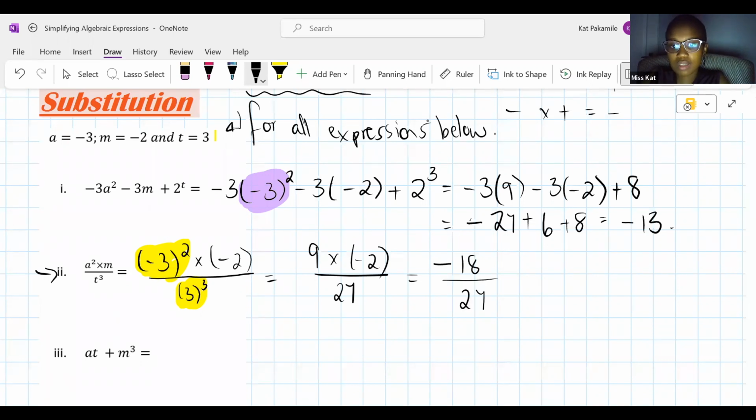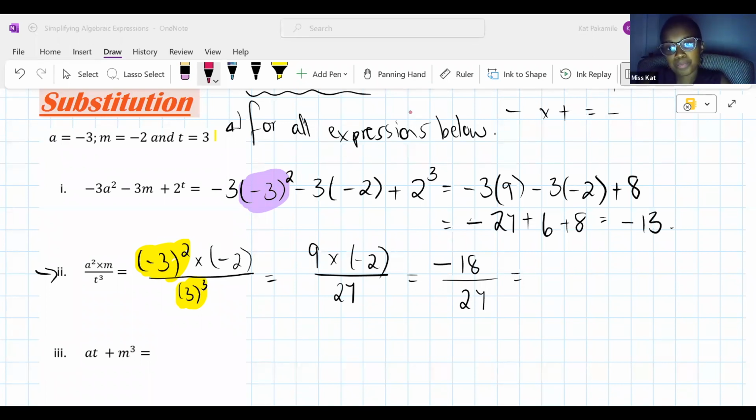Are we done? No, we still need to simplify. What goes into 18 and 27? 3. But what is the highest number that can go into both of them?